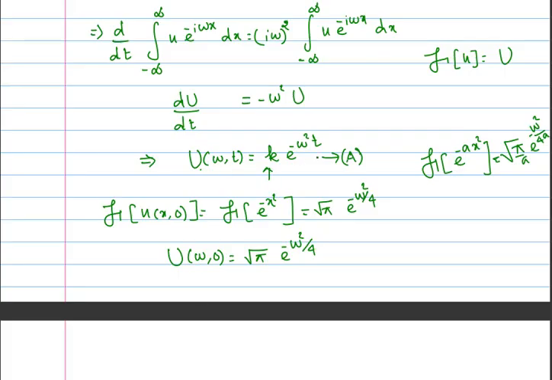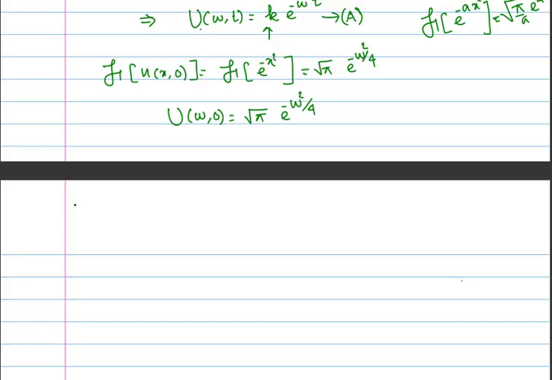I take this as equation number B. From equation A, at t equal to 0, my left hand side U of omega comma 0 equals k times exponential of 0, which is 1.